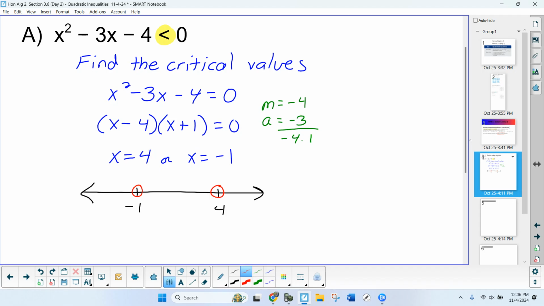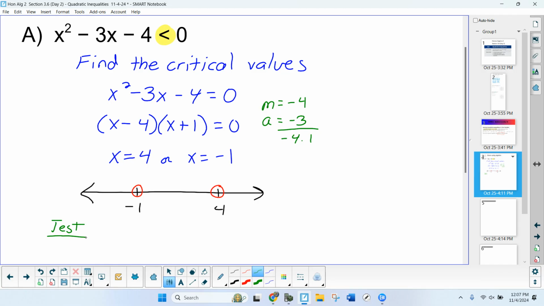Now, we've got to figure out the way my arrows are going to go. You guys have learned that with the most basic inequalities, when we have two numbers, if we have an or, they go apart from each other, or an and, they come together. So what we're going to do is test values. We're going to test 3 values. We're going to test a value to the left of -1, between -1 and 4, and to the right of 4.